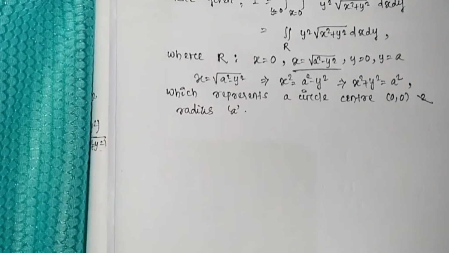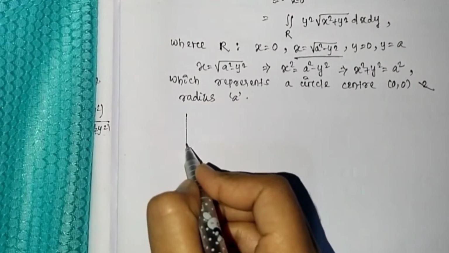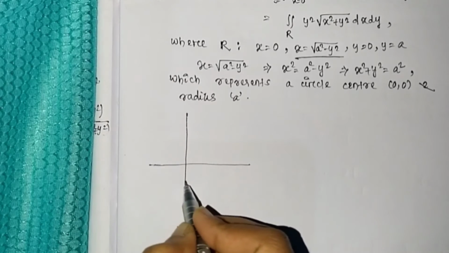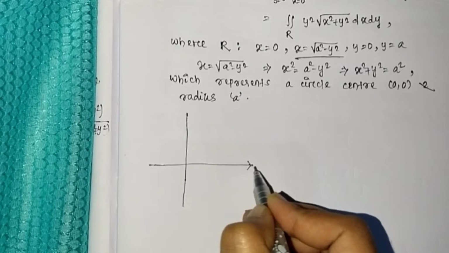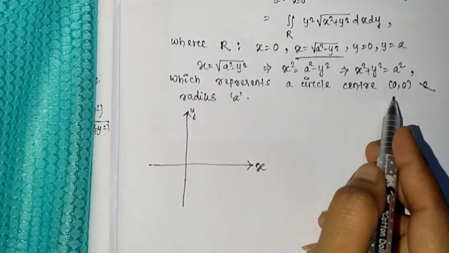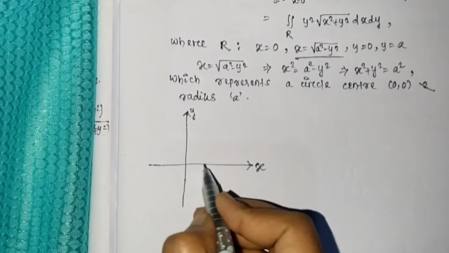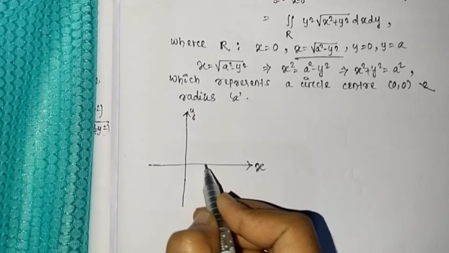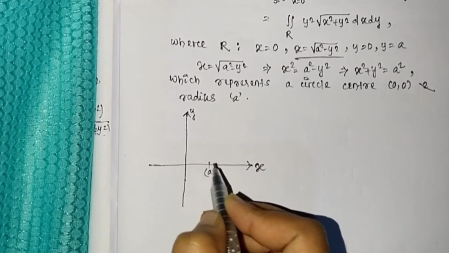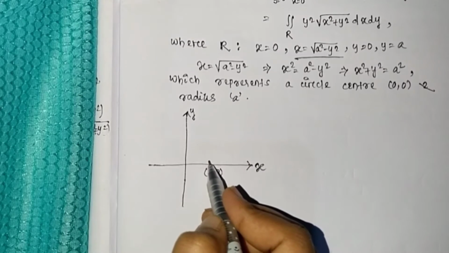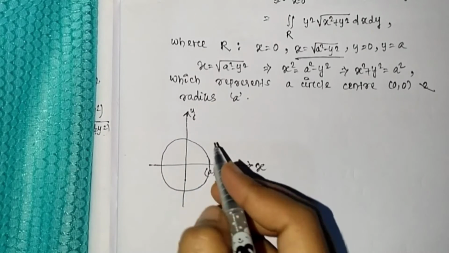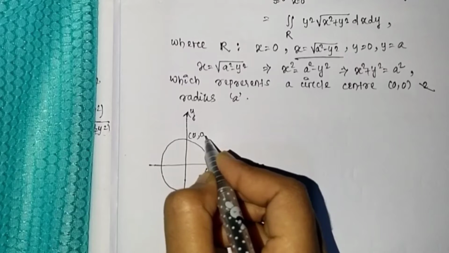Then draw the diagram. So that is the y axis and this one is our x axis. The circle has center 0 0 and radius a. So that is our a 0, and that is 0 a.